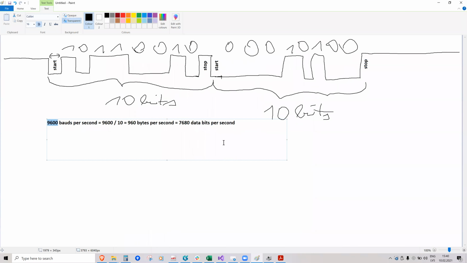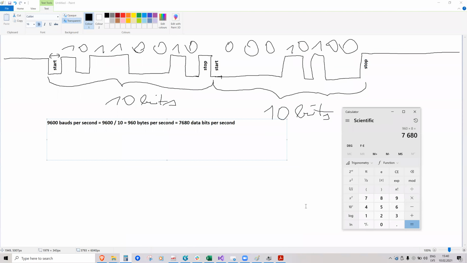So 960 bytes per second, 24 divided by 960. It will take 25 milliseconds. And it's actually not that short a time. Web pages have thousands of letters, so that would be really slow.